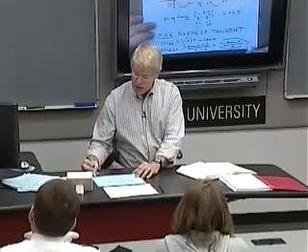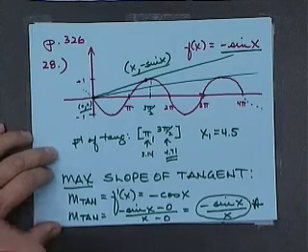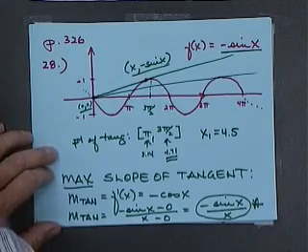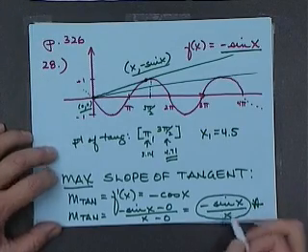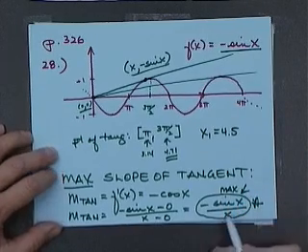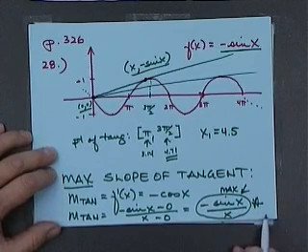So if we want to maximize this, let's take the derivative of this and set it equal to 0. Now, setting it equal to 0, does that ring a bell with Newton's method? We know how to do that. That's what Newton's method is good for, is setting something equal to 0. So here's what I want to maximize. So we'll take the derivative of this function and set the derivative equal to 0.